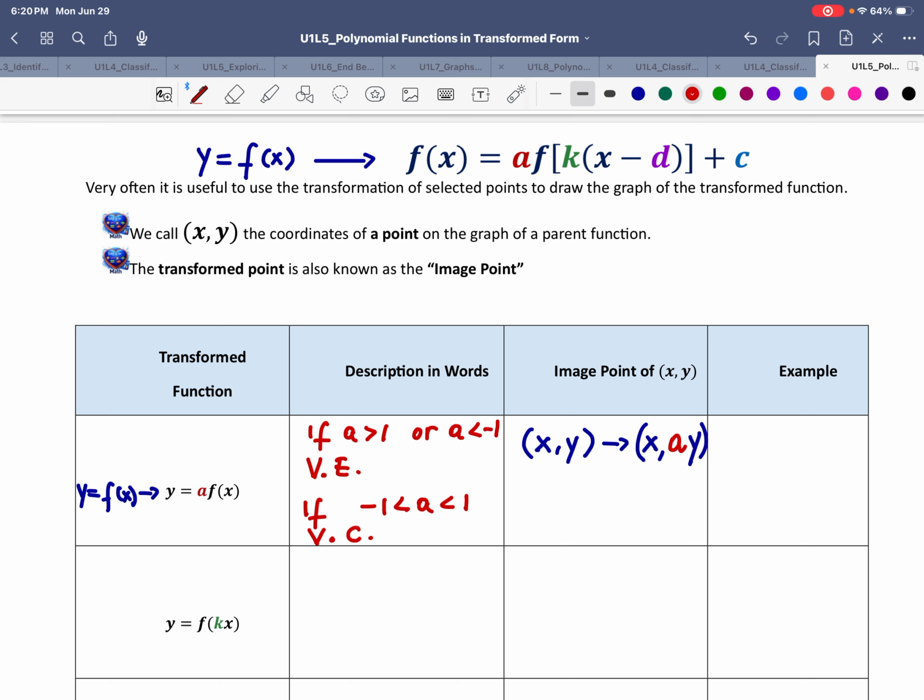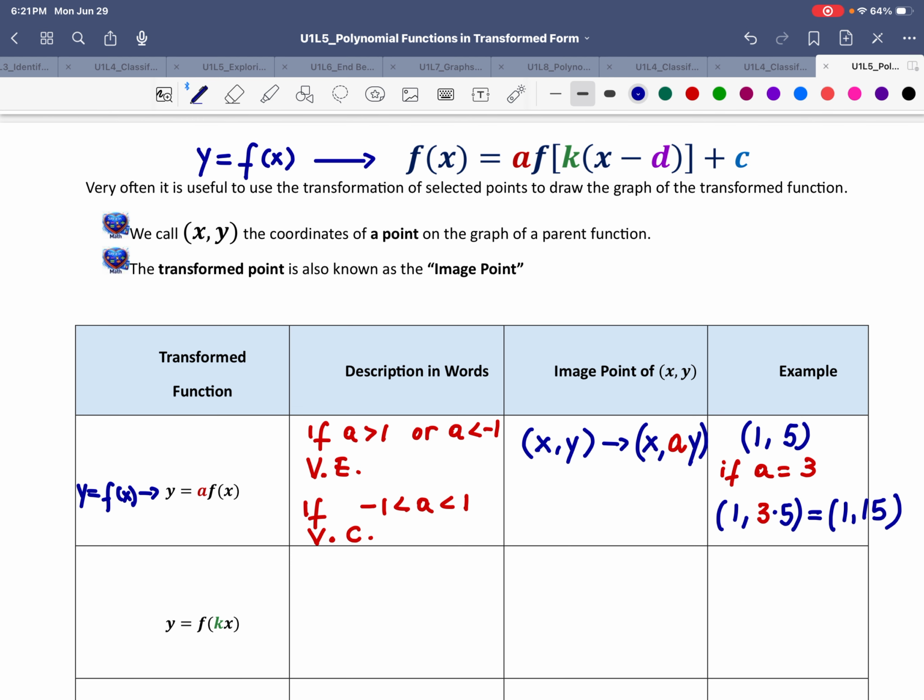So as an example, I'm going to bring in here a point on the original function as 1 and 5. If a is given to be, say, +3, then the image point now will change to become 1, and the y-coordinate will be multiplied by 3, so 3 times 5. So the image coordinates will be 1 and 15.